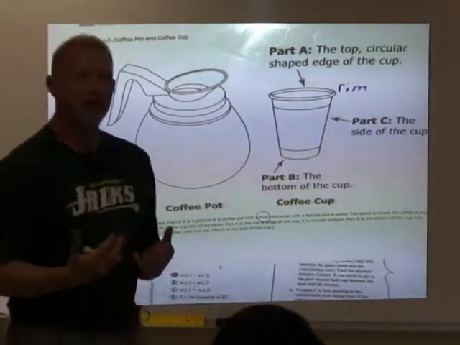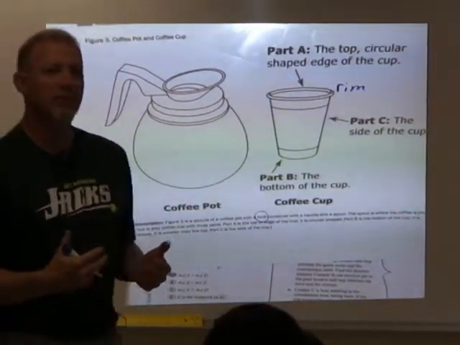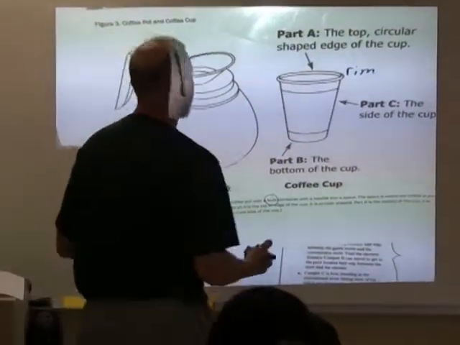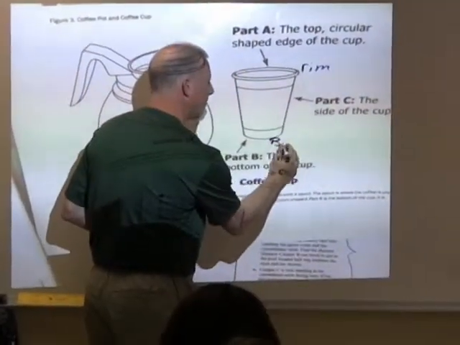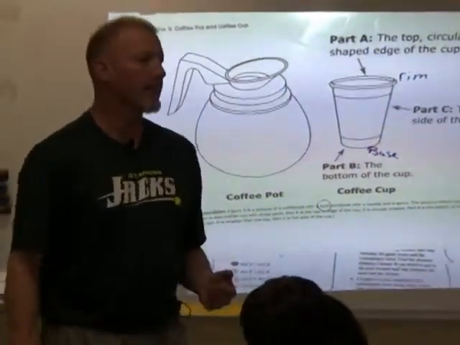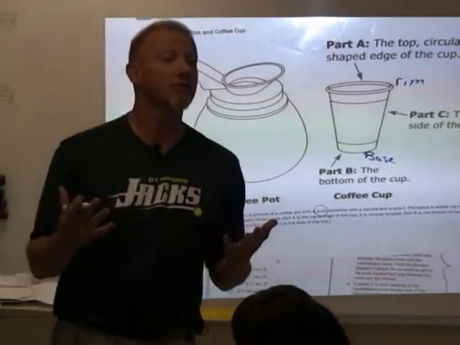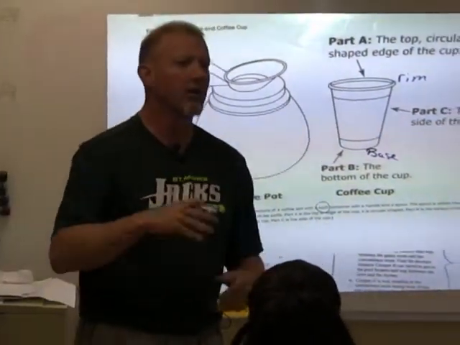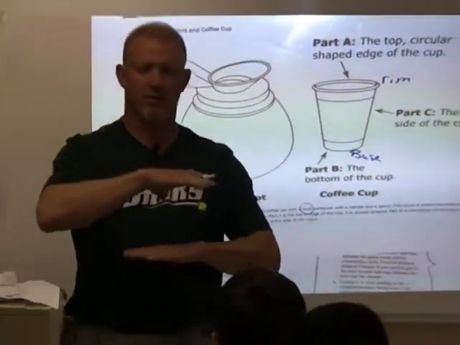Part B, bottom of the cup. It's sitting on its base. So they might refer to the base of the cup. Mathematically speaking, what are some things maybe that flow through our head? What about the rim and the base?